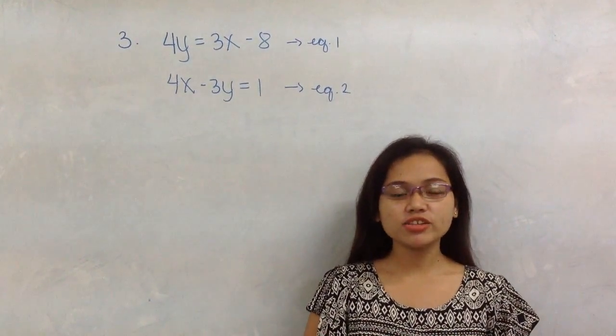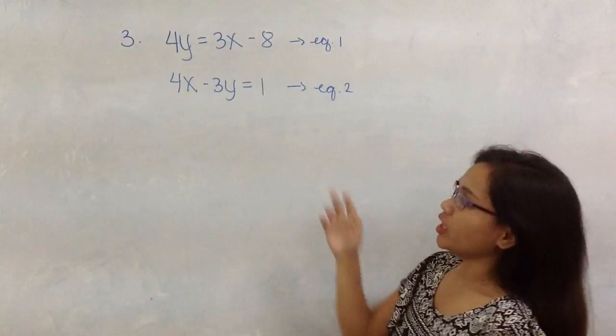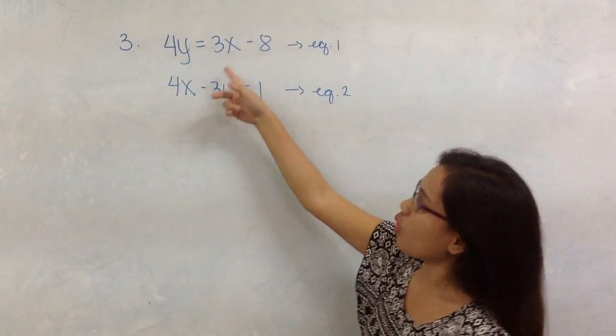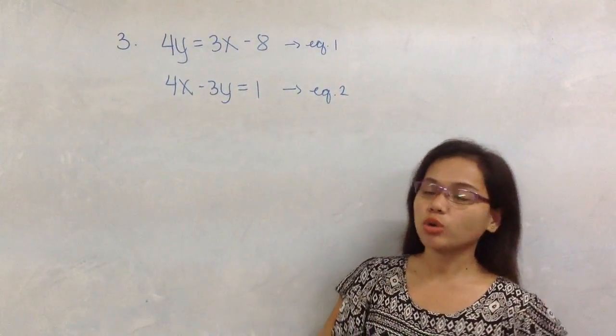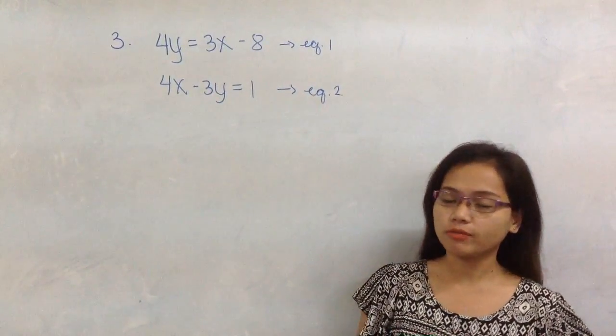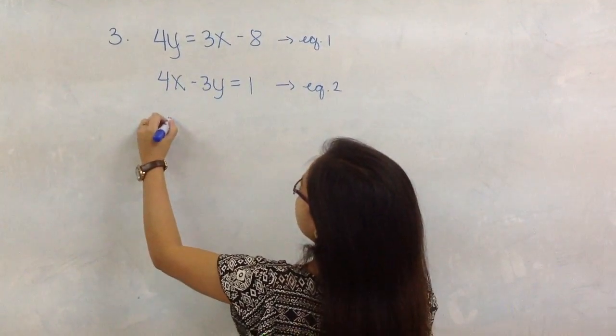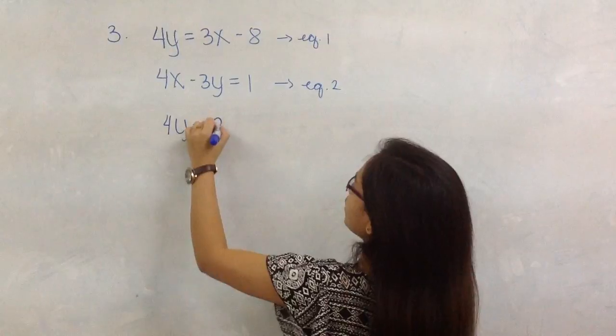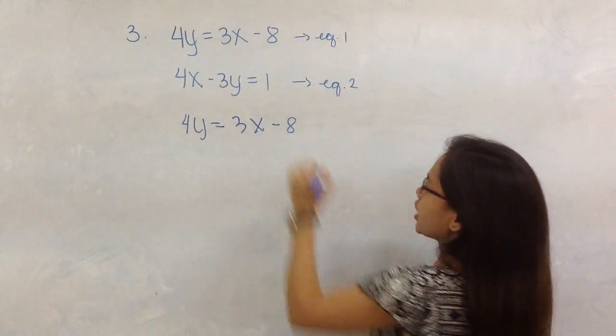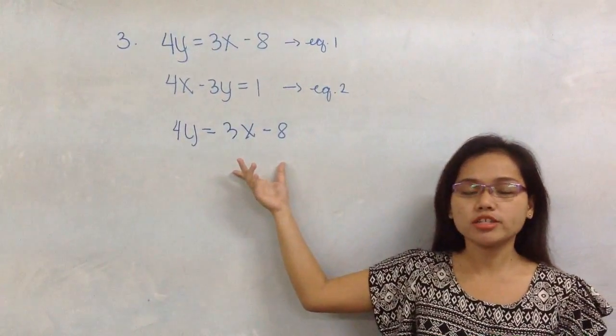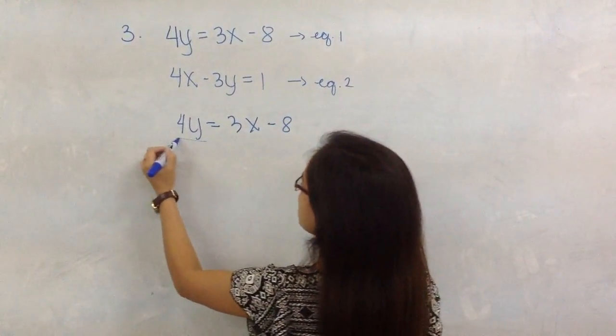Now, let's proceed to the next example. Number 3, the first equation is 4y equals 3x minus 8. So we'll make this into slope-intercept form. To do that, we'll divide both sides by 4.